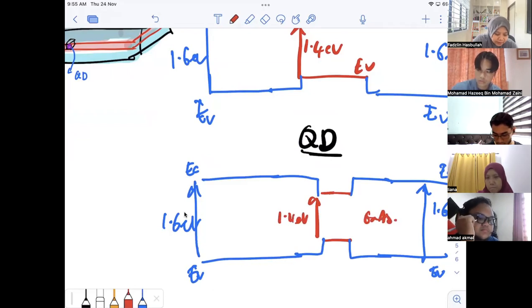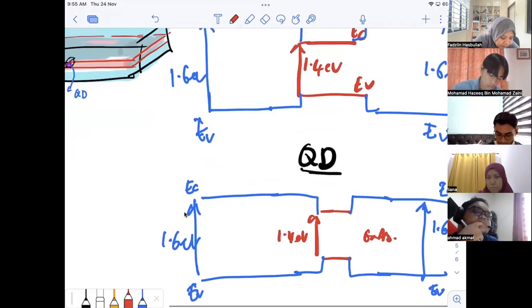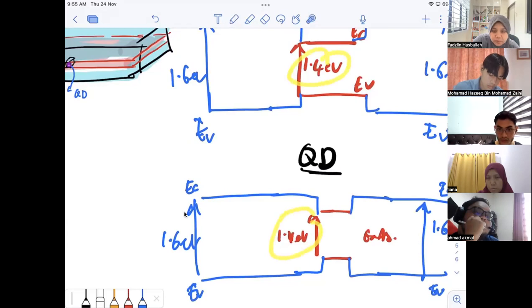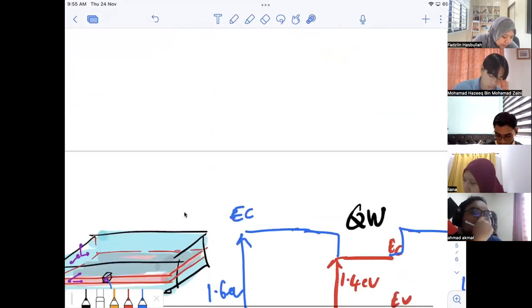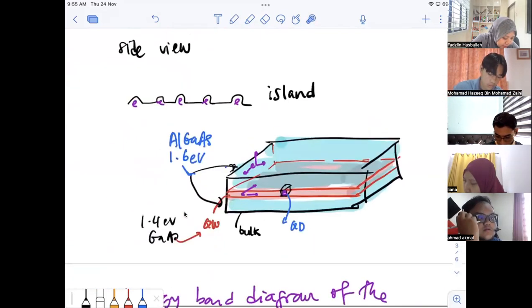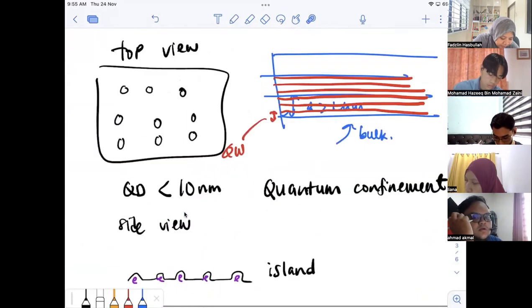Tapi 1.4 EV ni, band gap of a quantum dot ni it can vary. Dia tak semestinya sama 1.4 macam quantum well tu. Dia biasanya kecil sebab macam saya katakan, quantum dot ni macam jerawat yang saya kata tadi, become like all these bumps over here.